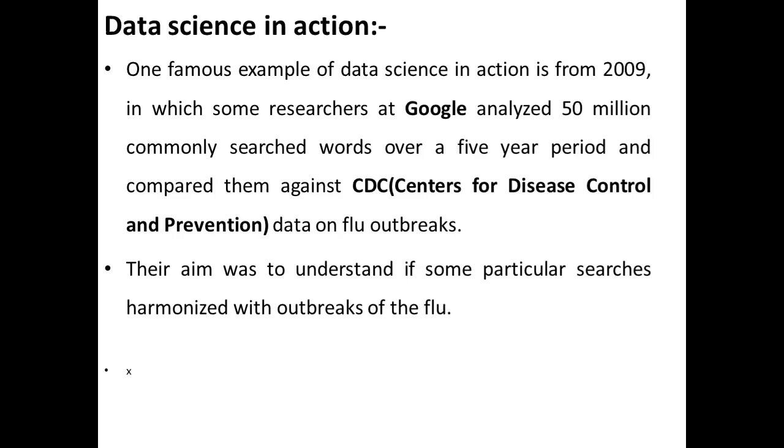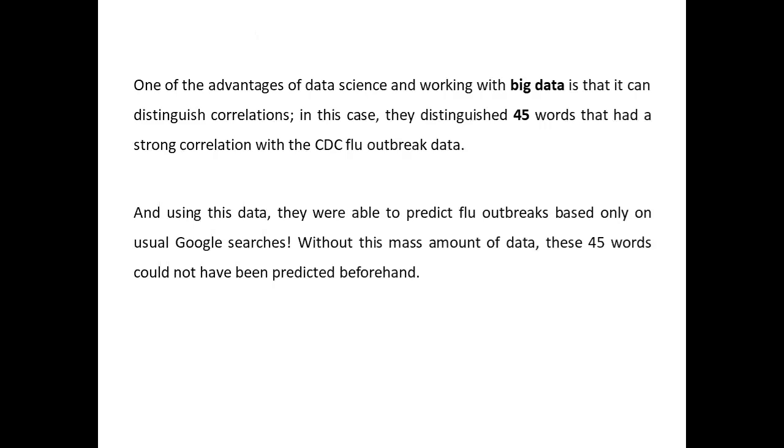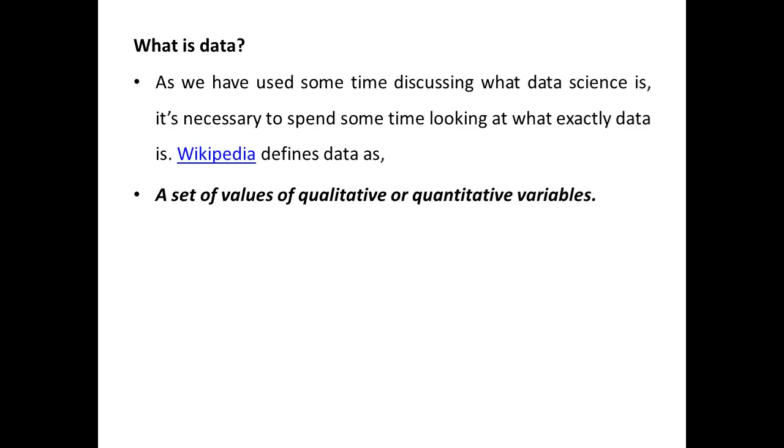One of the advantages of data science and working with big data is that it can distinguish correlation. In this case, it distinguished 45 words that had a strong correlation with the CDC flu outbreak data. Using this data, they were able to predict the flu outbreak based only on usual Google searches. Without the massive amount of data, these 45 words could not have been predicted beforehand. This is the reason why we need data science.